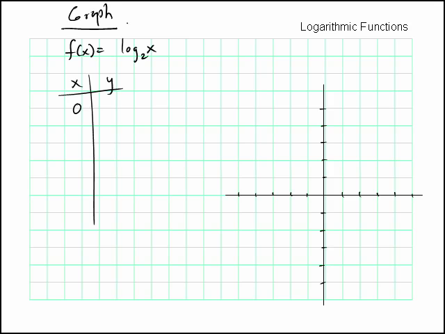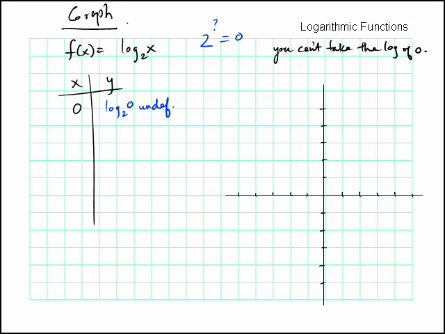If I plug in 0 for x, I get the log base 2 of 0. Now, what that means is, as we've been talking about, 2 to what power gives me 0? If you think about that, there's no way you can make 2 to an exponent equal 0. It's not possible. And so this is undefined. You can't take the log of 0. So there's nothing at 0.